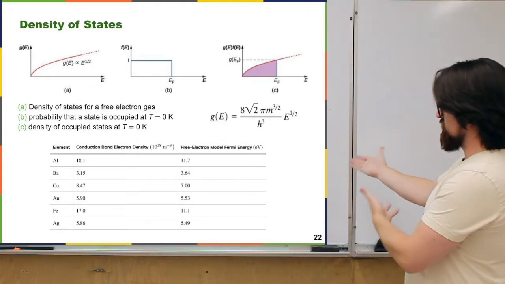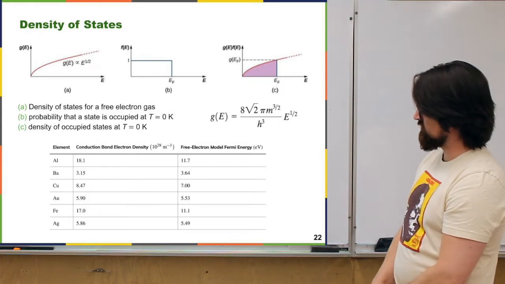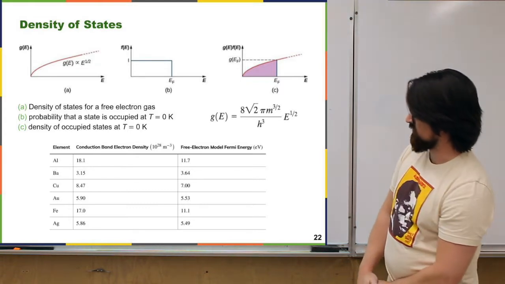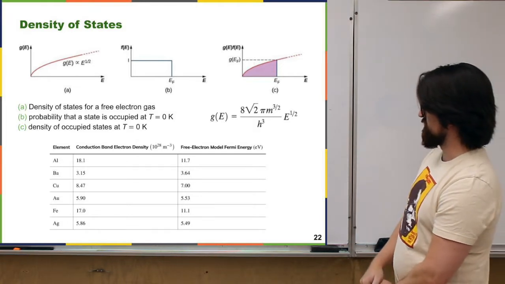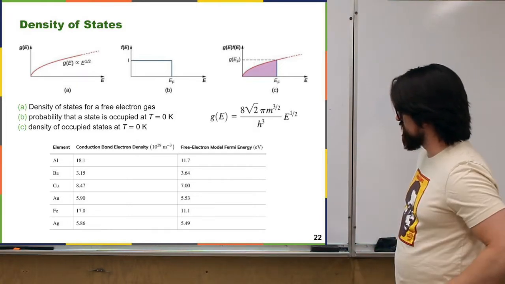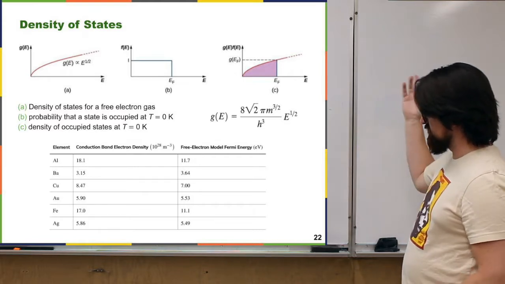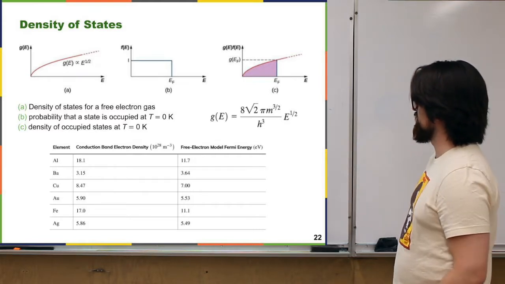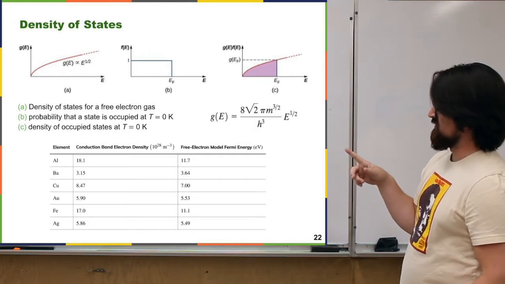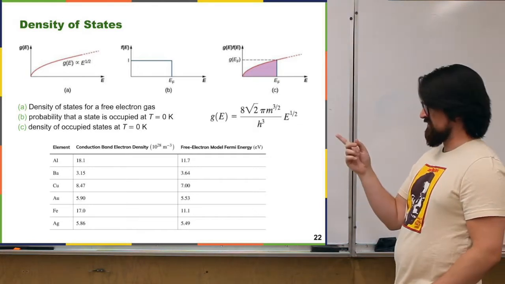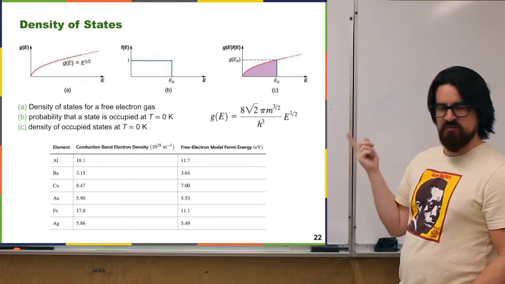And what is that Fermi energy for some different elements? Aluminum, copper, gold, iron. These are some examples of the Fermi energy: anywhere from a few electron volts to a dozen-ish electron volts. And the left column there is the electron density in units of 10 to the 28th per cubic meter.